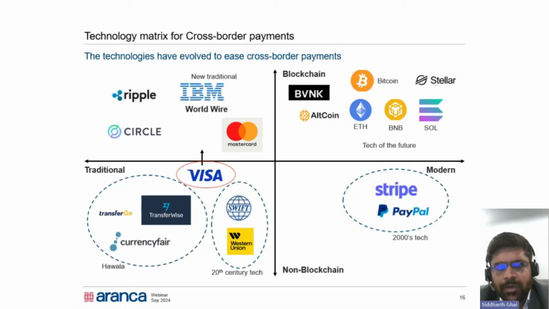Then there are traditional companies that are working on the blockchain technology to have a space in this area. So there are many companies such as IBM, Mastercard, Visa, Ripple, Circle. These are the companies that are traditionally in the payments business, and they are working in the direction of integrating blockchain as a technology to enable cross-border transactions.